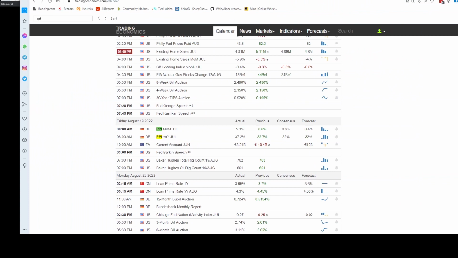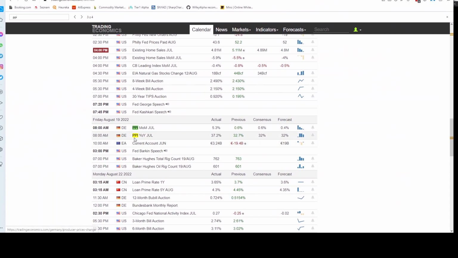This is German PPI. So these are producer price index, and this is from last week. And year over year, July is plus 37%. Month over month is 5.3%. Month over month.